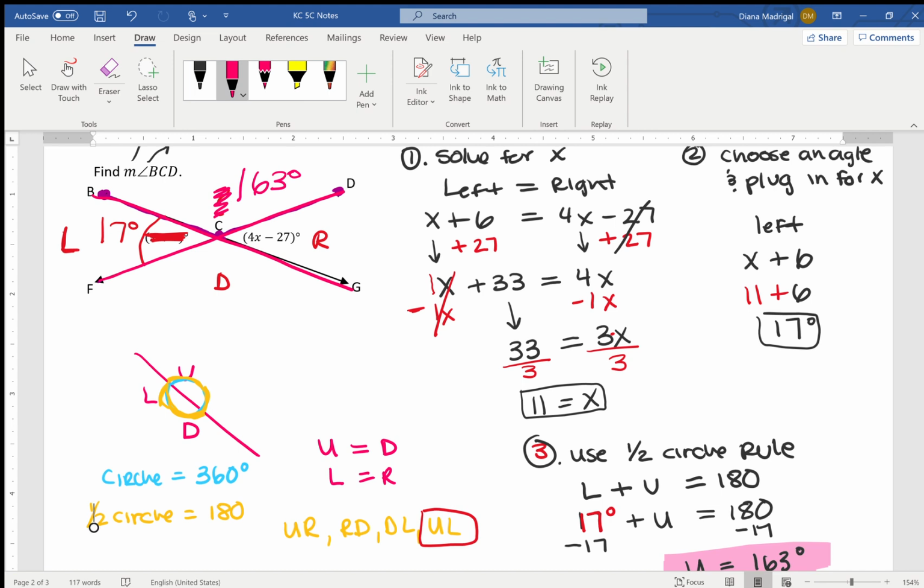Once you know how much is that angle, then you're going to use the half of a circle rule. Half of a circle, again, is 2 angles that add up to 180. In this case, I used the left angle with the upper angle, which was the one they were asking us to find. Then you set it equal to 180, and then you solve for it, and you finally have your final answer, which is 163.